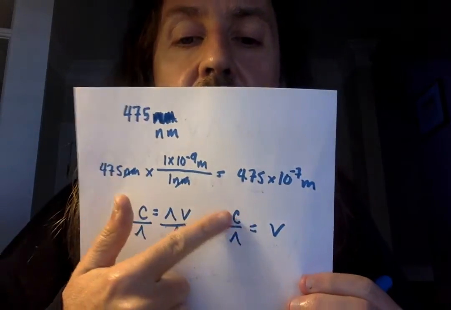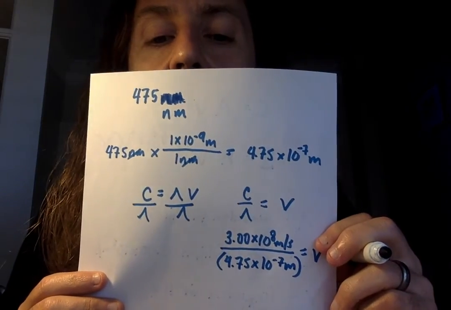So I'll just plug into that: 3 times 10 to the 8th meters per second divided by, I'm going to put this in parentheses, 4.75 times 10 to the negative 7th meters equals the frequency, like that. There you go.